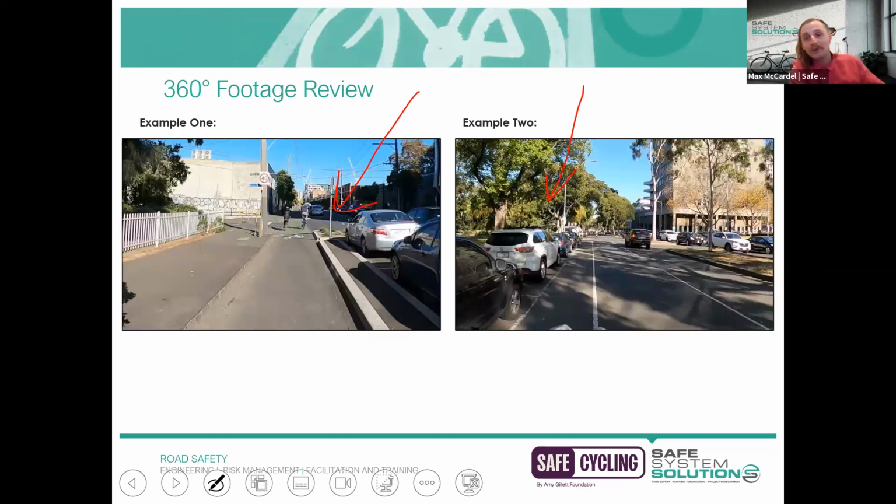So I can't point you directly to any specific evaluation for that treatment, but there are other jurisdictions in the States and things like that where you could get a bit more information about the effectiveness of it.